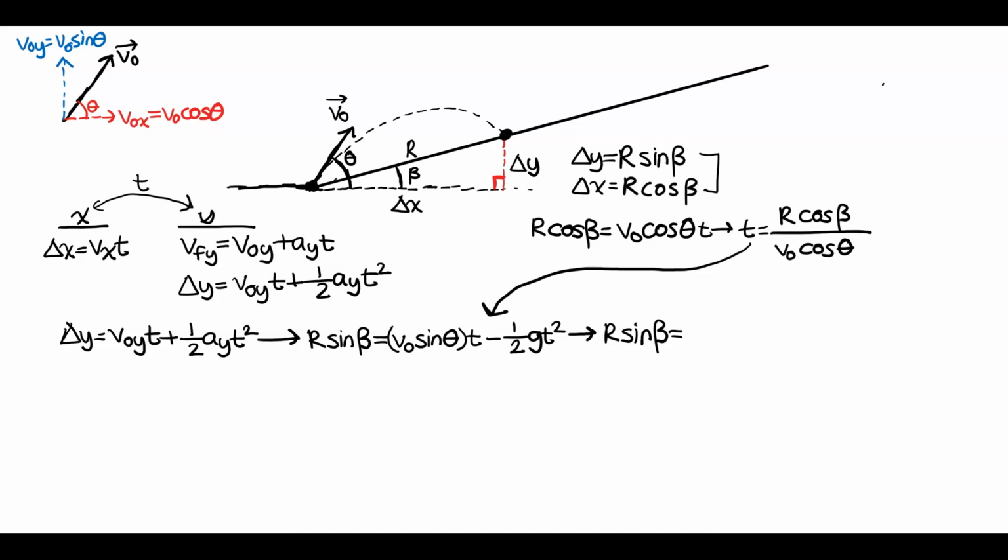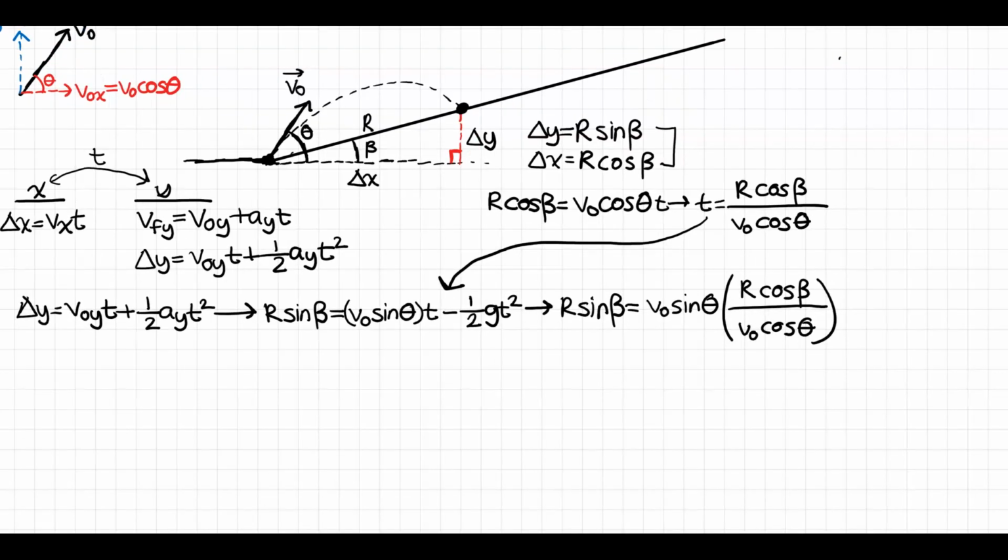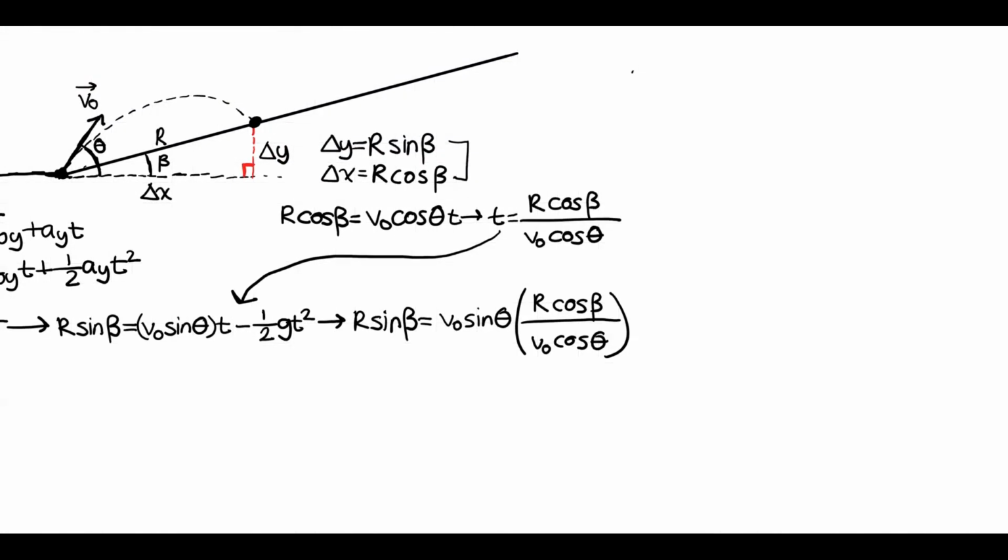Now, r sine of beta equals v naught sine of theta times r cosine beta over v naught cosine theta, minus 1/2 g and all of this squared.